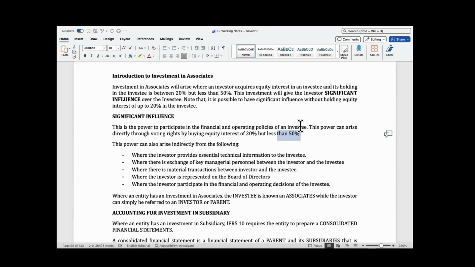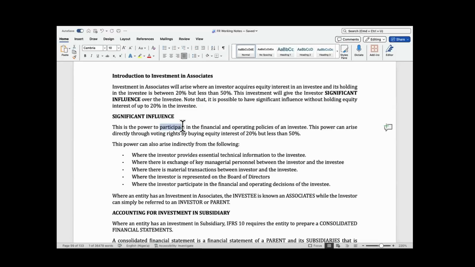So significant influence is the power to participate. You cannot decide what they do with their money, but you can participate in the financial and operating policies. That's a key difference between control and significant influence.